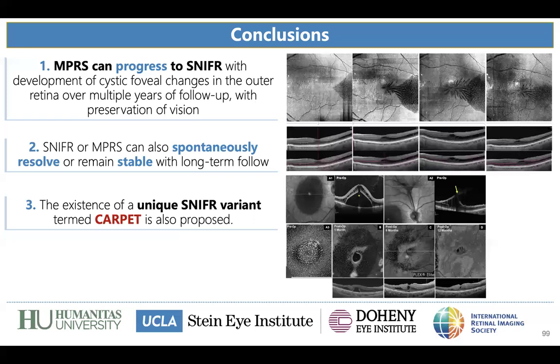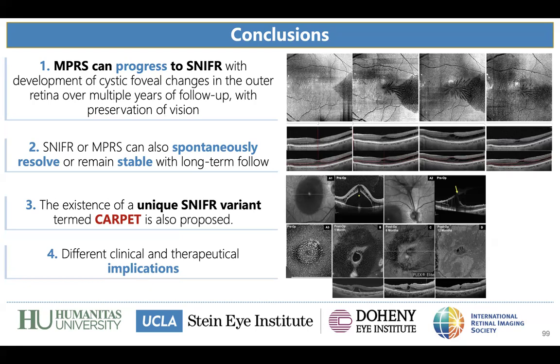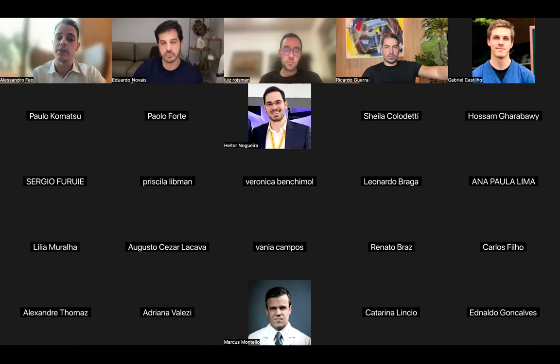And of course, there are some different clinical and therapeutic implications because SNIFFER can be relatively safely observed and only monitored without need for intervention, while CARPET, which is more severe, more aggressive, with more pronounced mid-peripheral traction, can actually merit and deserve a more aggressive surgical approach to solve the schisis and improve vision.